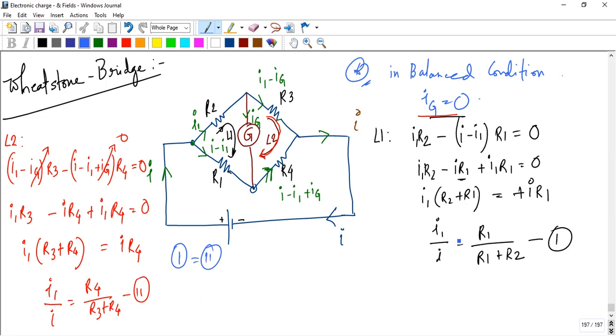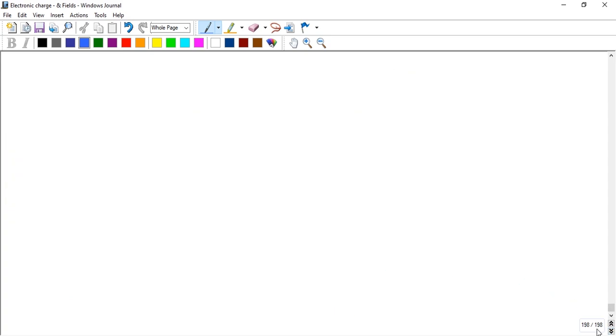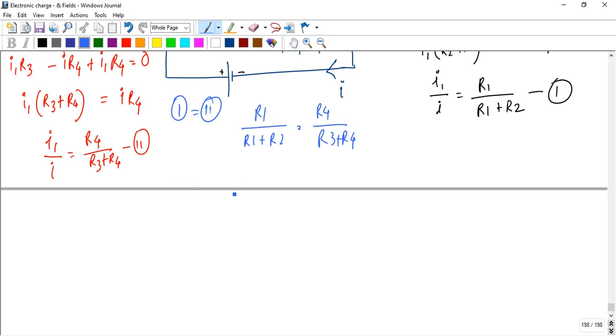So R1 by R1 plus R2 equals R4 by R3 plus R4. Now take the reciprocal on both sides: (R1 plus R2) by R1 equals (R3 plus R4) by R4.